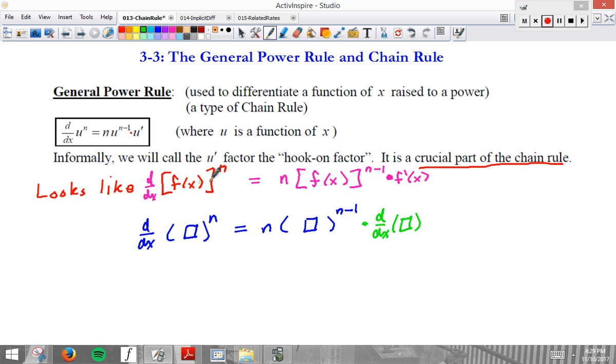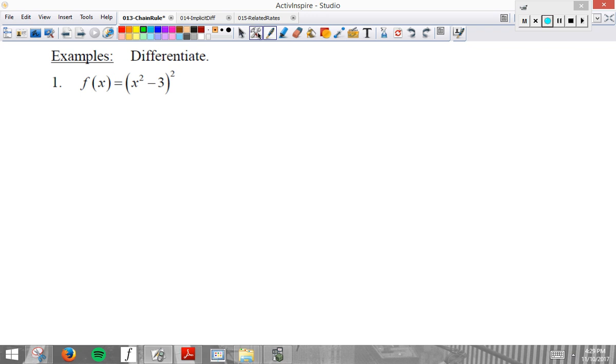Okay, if you see two functions, one function inside another function, f inside a power, you will be using the chain rule, the general power rule. Let's get started. So immediately, I see exactly what I'm talking about. And I know that sounds like a crazy person, so allow me to rephrase.